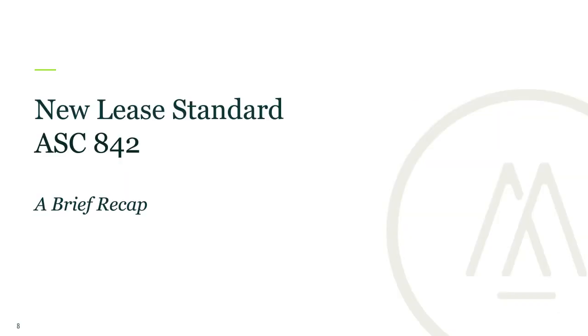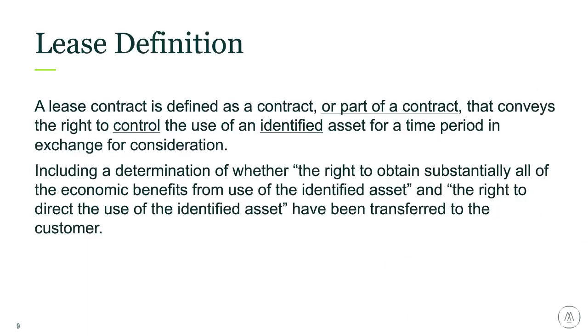So let's get a brief recap of what ASC 842 is all about. Under the new lease guidance, a lease contract is defined as a contract or a part of a contract that conveys the right to control the use of an identified asset for a period of time in exchange for consideration.